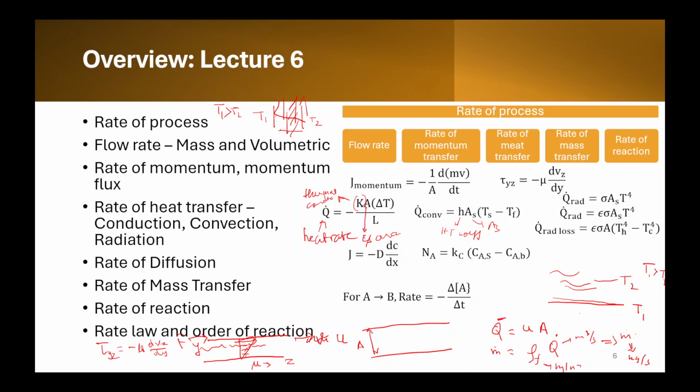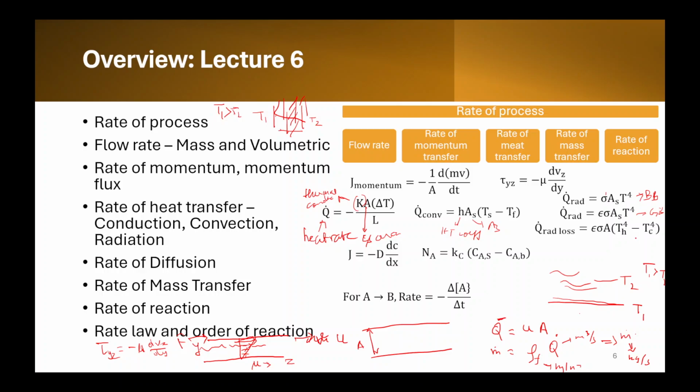Next, the radiation heat rates are shown here. This is for a perfect black body which absorbs all the radiation irradiated on it. This is the Stefan-Boltzmann constant. This is again the surface area and the temperature raised to power 4. For gray bodies, the relation is given here. Some portion will be absorbed and some portion will not be absorbed.